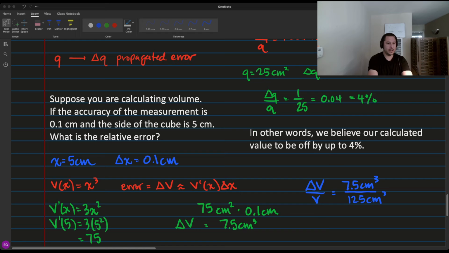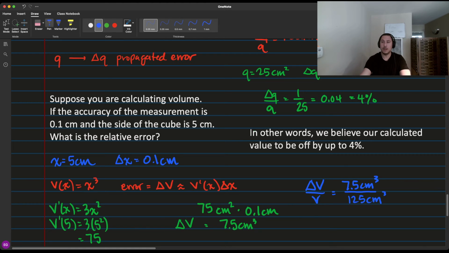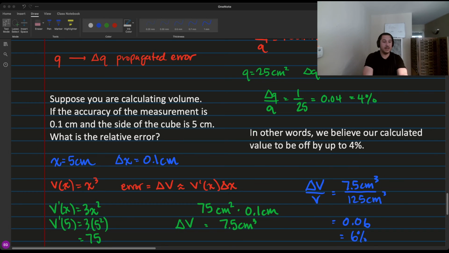You plug all that in, and that gives you 0.06. So given the size of the thing we're calculating, our volume could be off by as much as 6%.